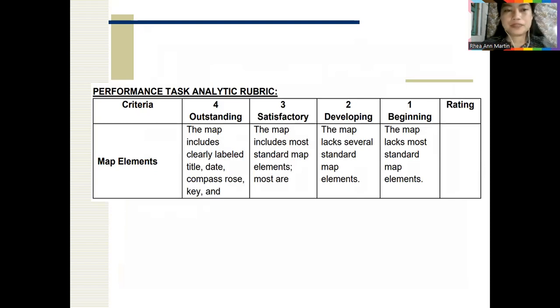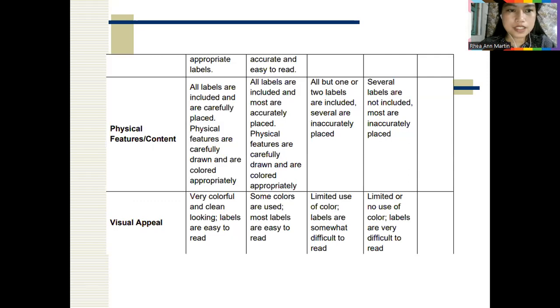So the analytic rubric is already presented or indicated in your module. So please take a look at that. The criteria involves map elements, physical features, or the content and the visual appeal.